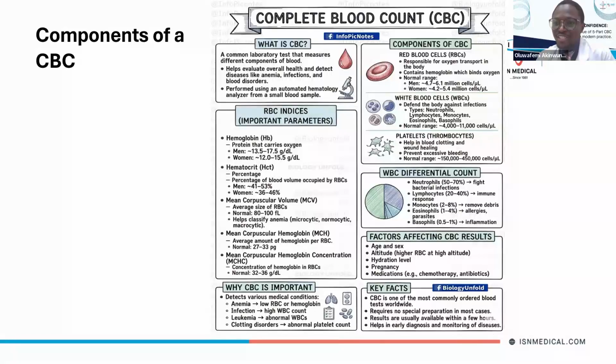All right. The same thing goes for MCH because it tends to mirror MCV. Okay, so whatever affects your MCV will equally most likely affect your MCH. Now, there is an instance in which low MCV can be normal.